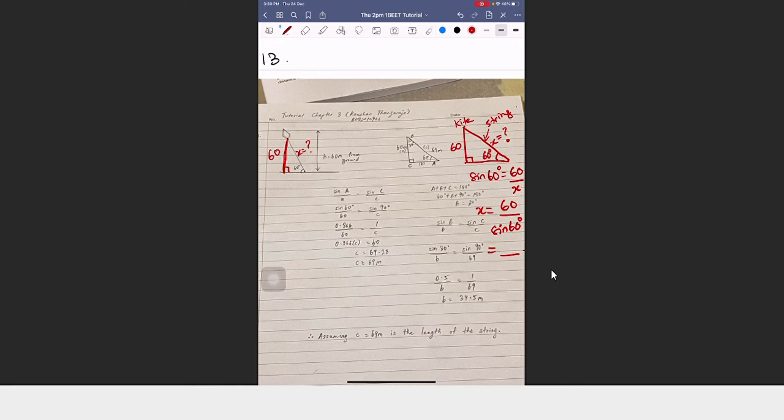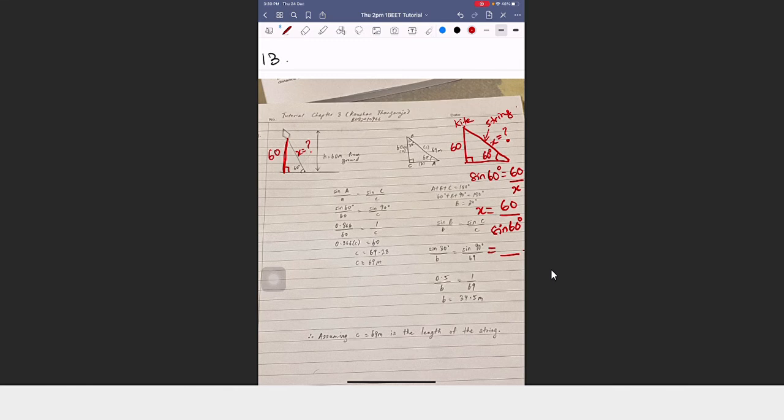So that's all. Can someone compute this? What's the answer? 69.28.